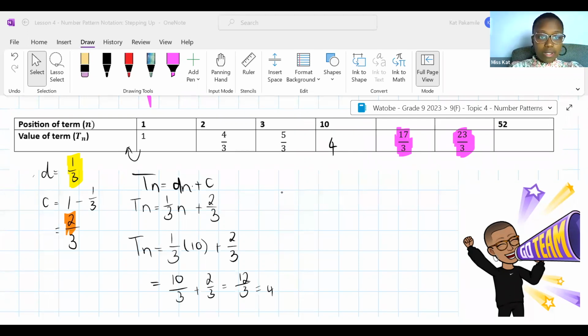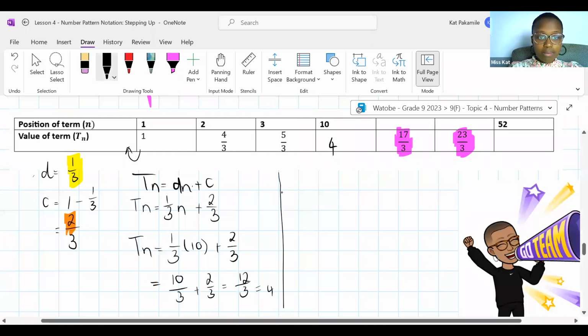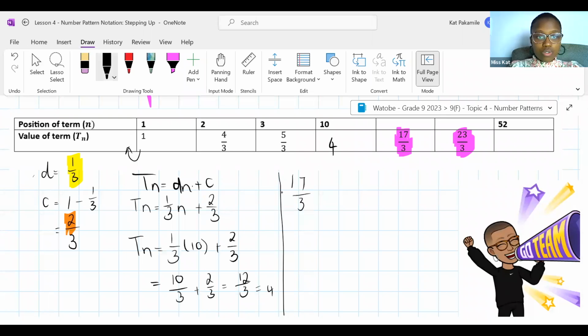You're welcome. Okay, let's check your answers, guys. For the first one, 17 over 3 is equal to 1 over 3n plus 2 over 3. I want to drop all the denominators. If you have fractions in an equation and they're all over the same thing, you can drop it. But I'm not going to do that.